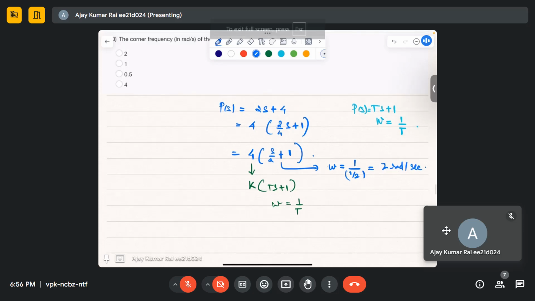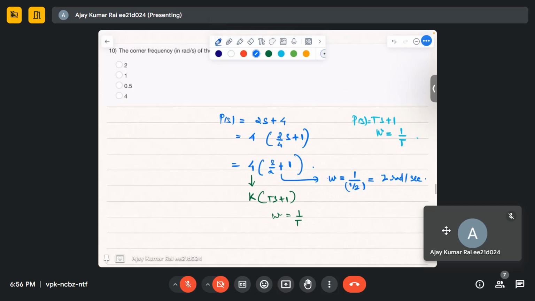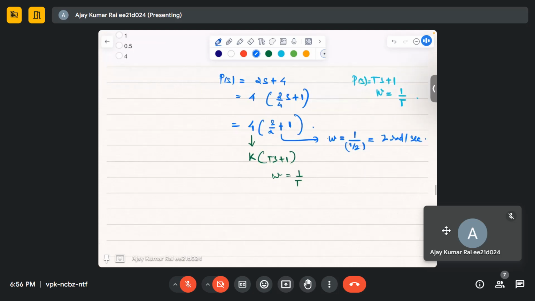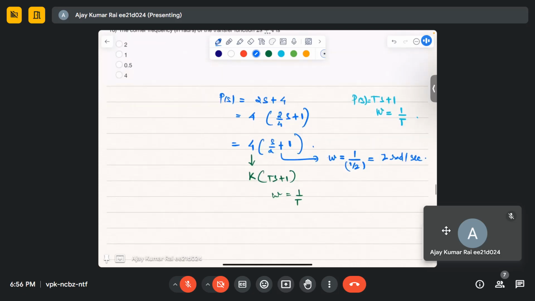Just by comparing, we can see the straightforward answer. We don't have to find the low frequency asymptote and high frequency asymptote. But let me find that also.